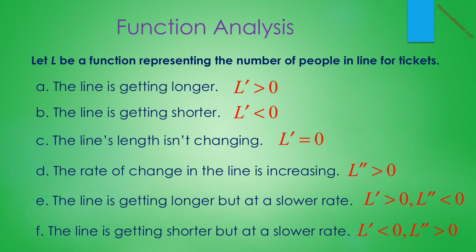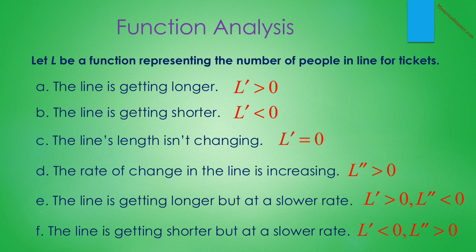F is the trickiest of them all. The line is getting shorter, but at a slower rate. We know through B the line is getting shorter means L prime is less than 0. But what does at a slower rate mean? Suppose in the first minute, 4 people leave the line. That means the length of the line is changing by -4.